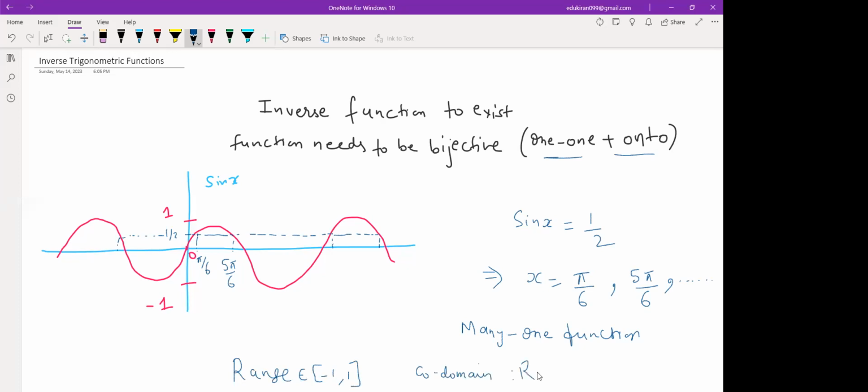So it is also an into function. So both the criteria are not being satisfied by the sin x function. So how do we find its inverse? If you want to find its inverse, we first have to change this function from many-one to 1-1, and from into to onto. So how will we do that? Let us see. But first write this down.